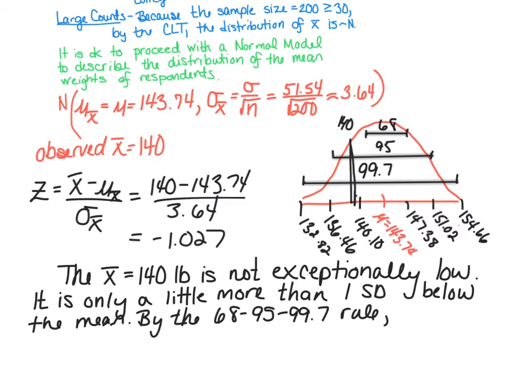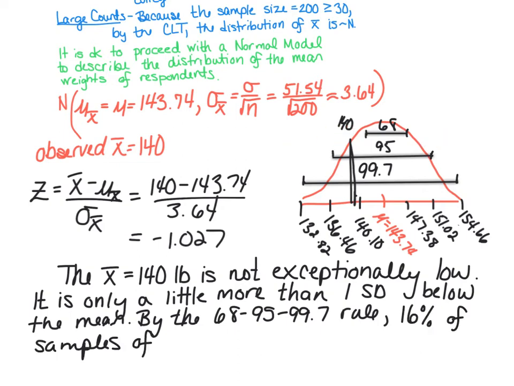So by the 68-95-99.7 rule, only about 16% are going to be below 1 standard deviation below the mean, because 68% is within 1, so 100 minus 68% is a remaining 32%. That puts 16% on either side.